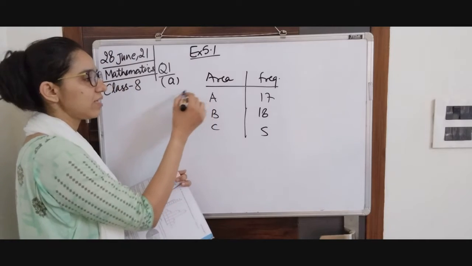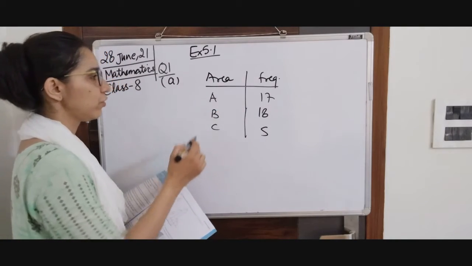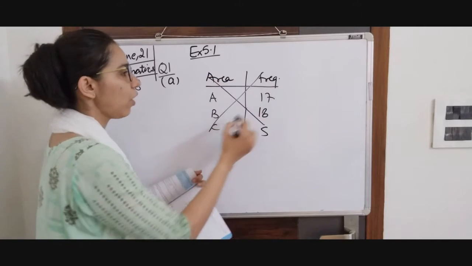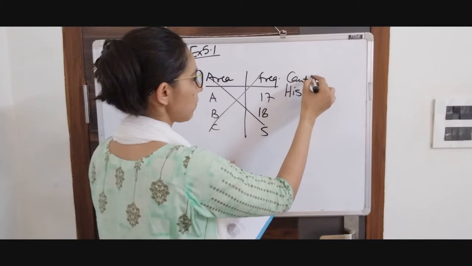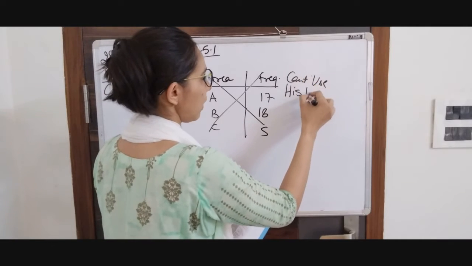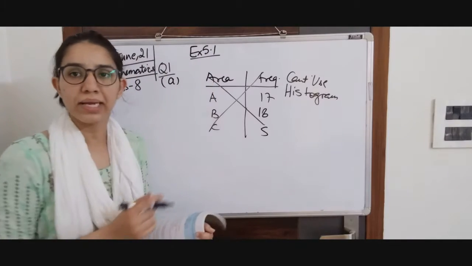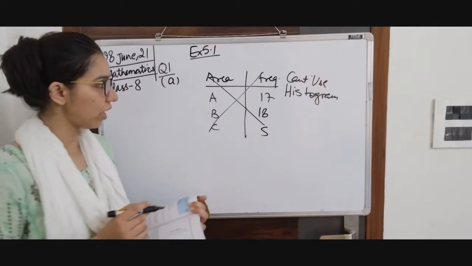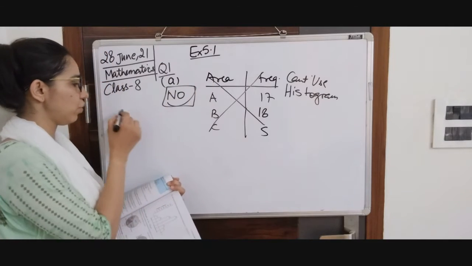So this data is discrete, it is not in intervals, it is not continuous. So we cannot use histogram. We will be using bar graph instead for this data. So your answer is going to be no.